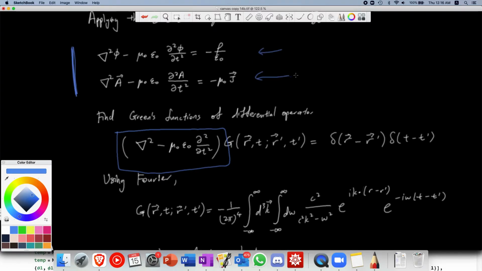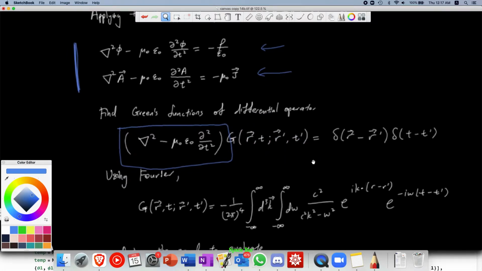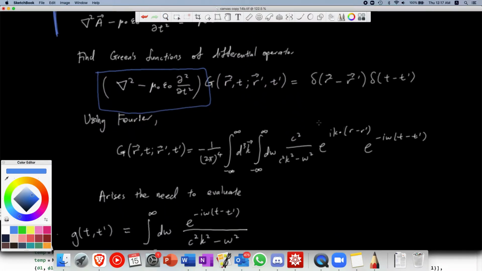In order to solve these 2 equations, which is electromagnetism in the Lorentz gauge, we need to find the Green's function of this differential operator. This Green's function is sort of like an inverse of this differential operator, in the sense of inverse in linear algebra. So we need to solve this differential equation.